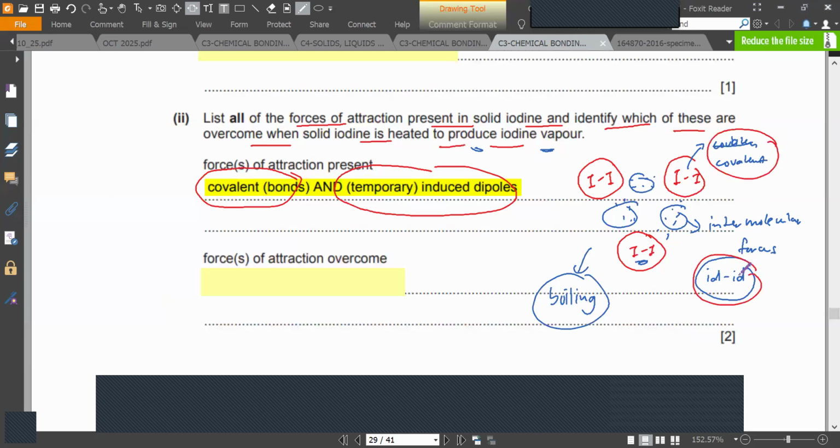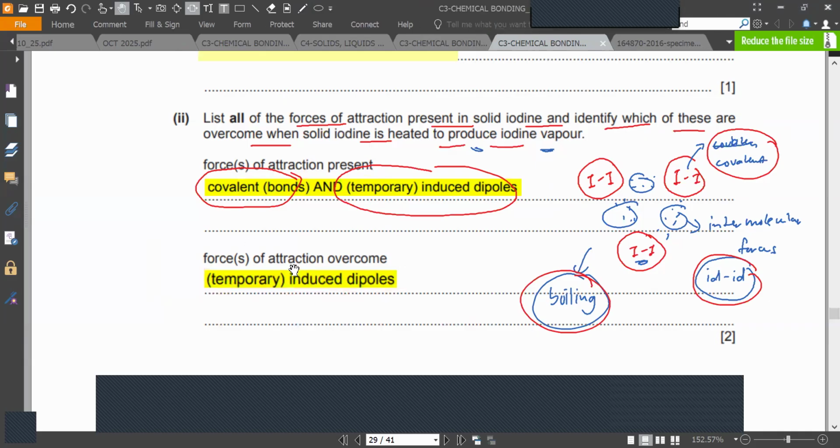But for boiling purposes, we are only breaking the induced dipole. The covalent bond is still staying there. That's the key point we need to be careful about.